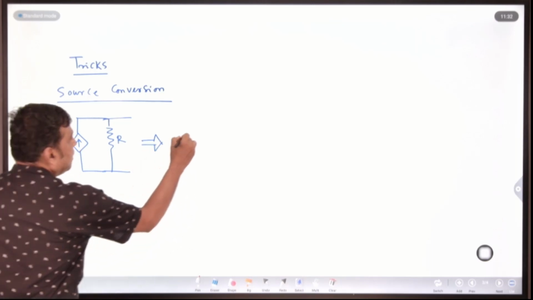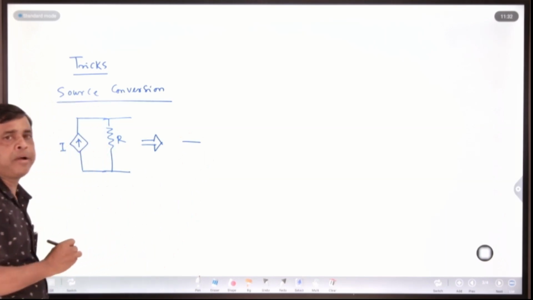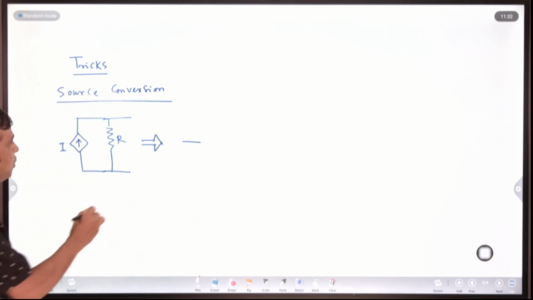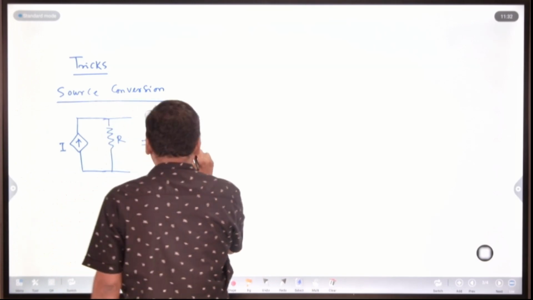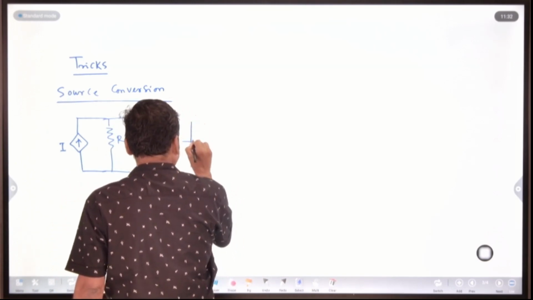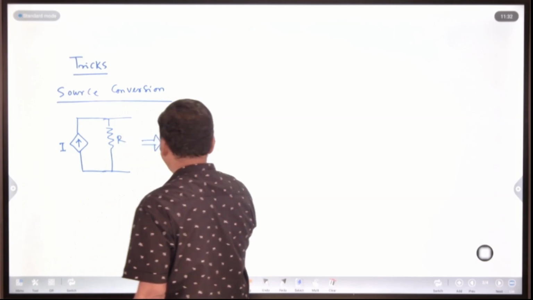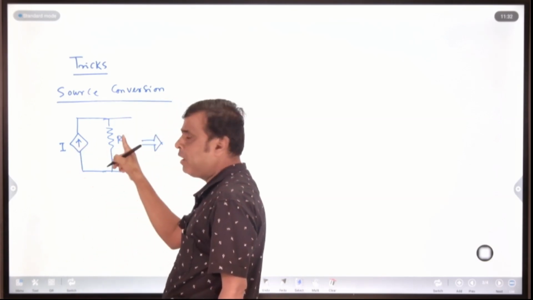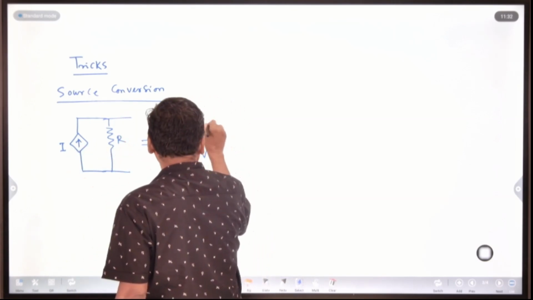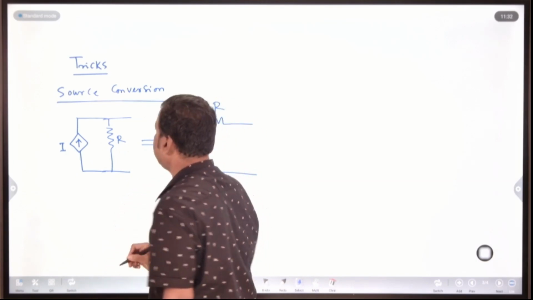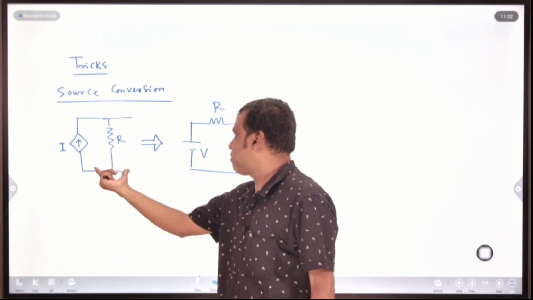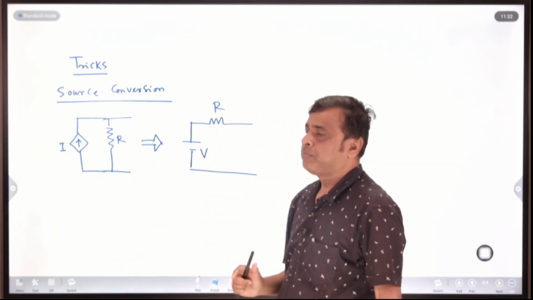That's why upward means the voltage direction from minus to plus is plus, as I already told you. So this is your plus terminal and this is your minus terminal. So this is your voltage, V equal to I into R, and the resistance will be in series. This is your R. So this is your equivalent source conversion, current source to voltage source.